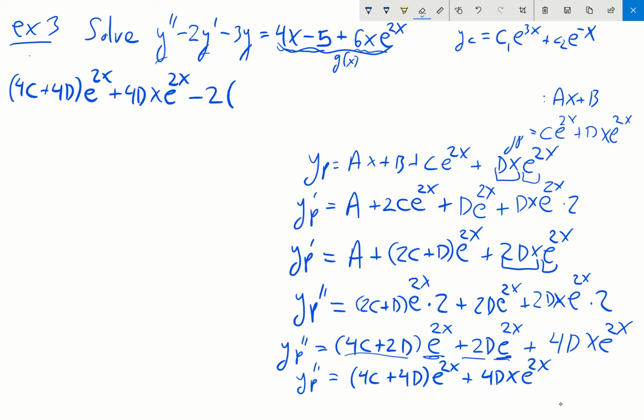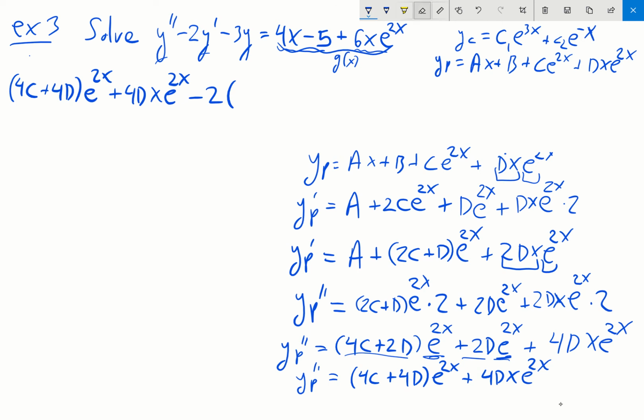I hate to have to erase all of this, but we're going to have to erase a lot of it just so we can squeeze things in. Let me at least write the form of y p up here so we remember what each term these coefficients go with at the end. We said ax plus b plus c e to the 2x plus dx e to the 2x. Okay. So we're right here. This is minus twice y prime. y prime is this thing here.